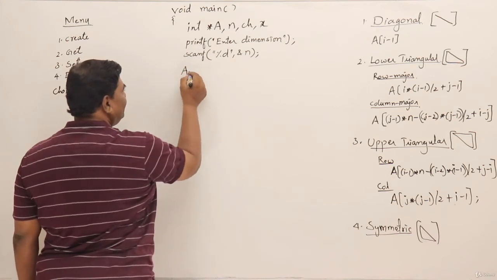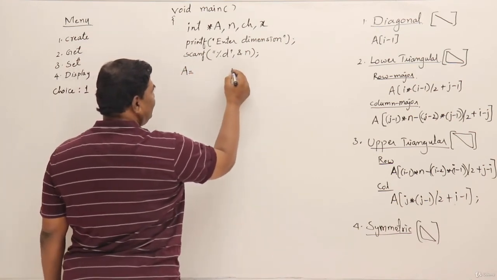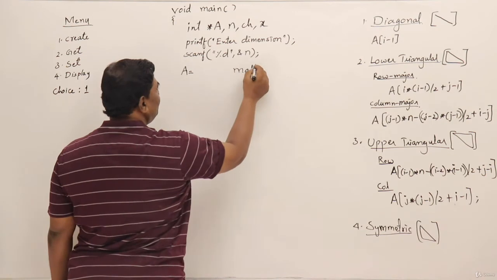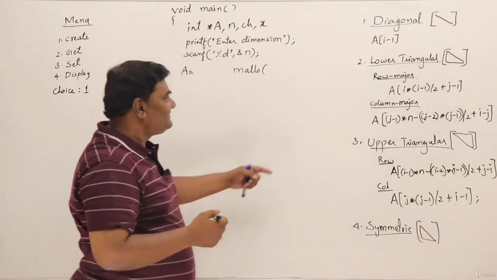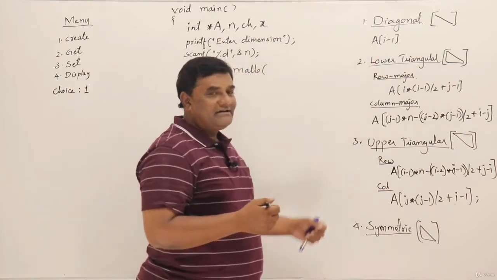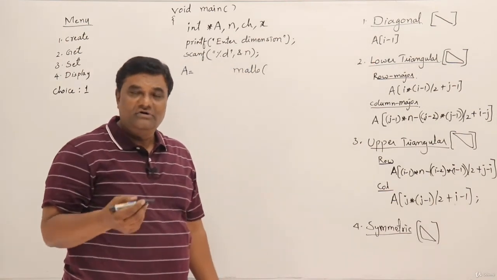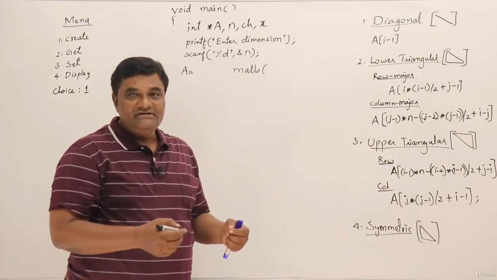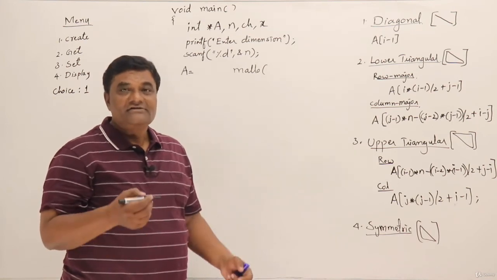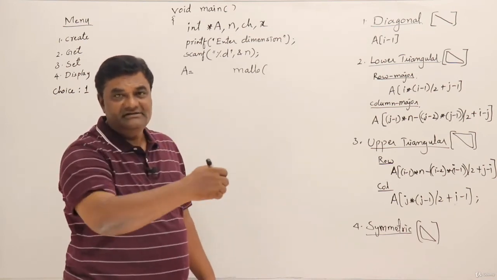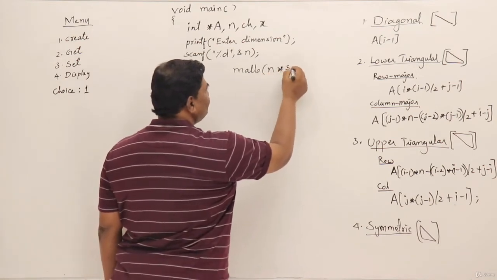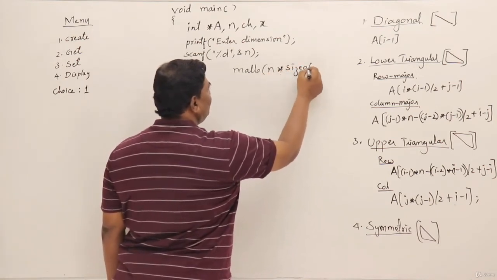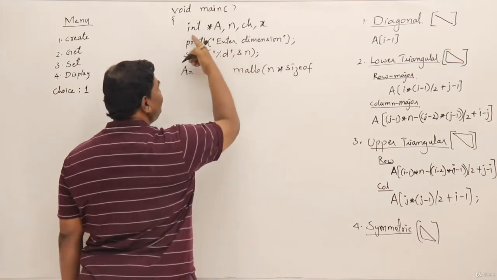So a assign. How to create an array in heap? Malloc function, malloc. So what should be the size of the array? The size of an array for a diagonal matrix is n. Whatever the dimension is, that many elements are there. Only n elements in a diagonal. So n into sizeof int, because this is an integer array.